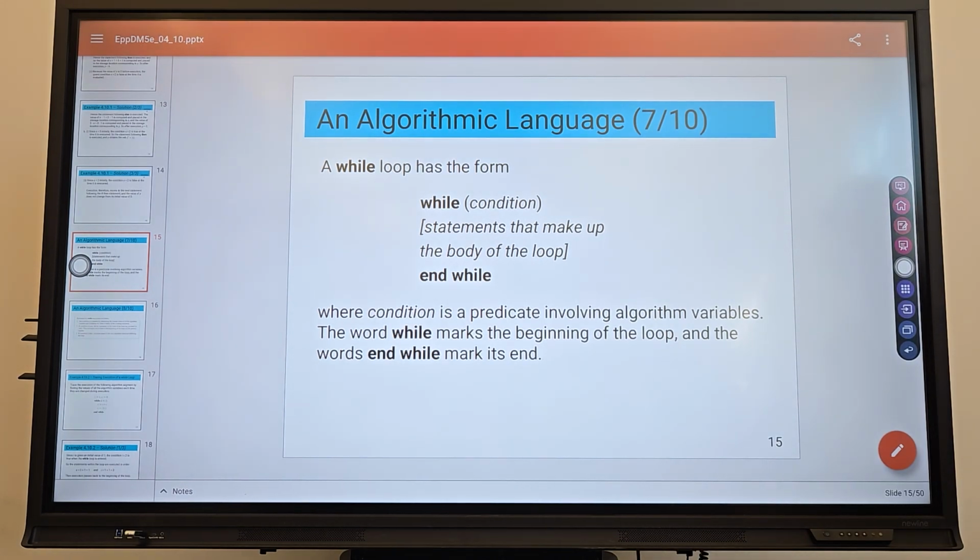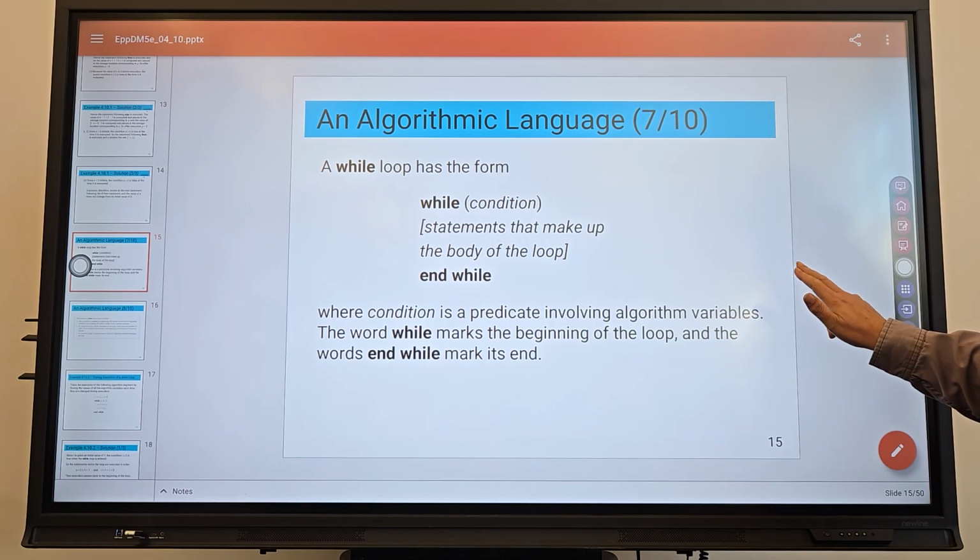I'm sure you're familiar with the while loop in C++, and how they operate.